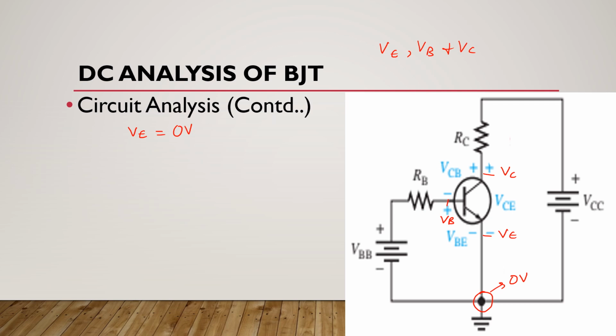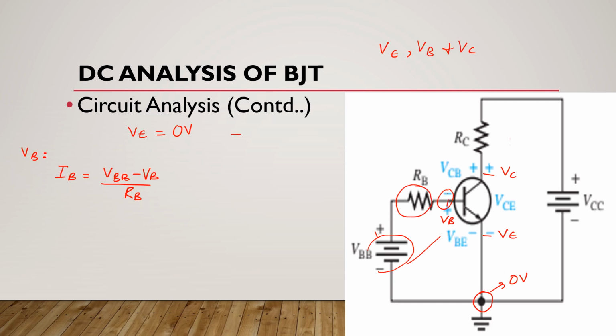Now, how are you going to find VB? You apply this formula of current here, which is VBB minus VB divided by RB, because if you look at this region and if you start from this point, then this is higher potential, this is lower potential, and this is resistor. So this is the formula of current here.